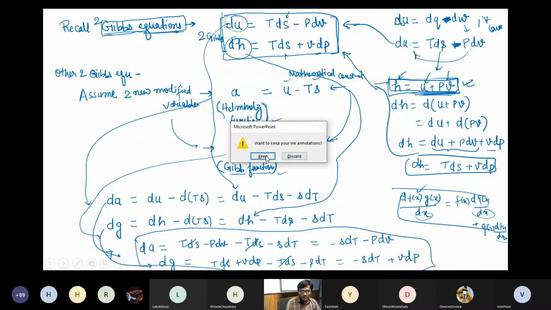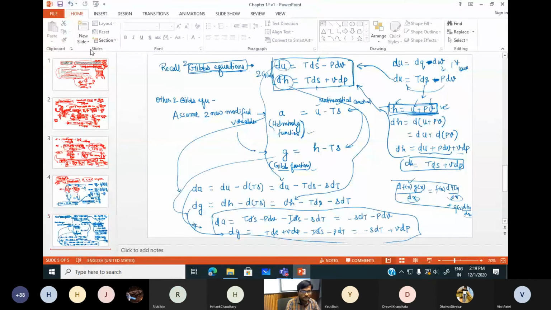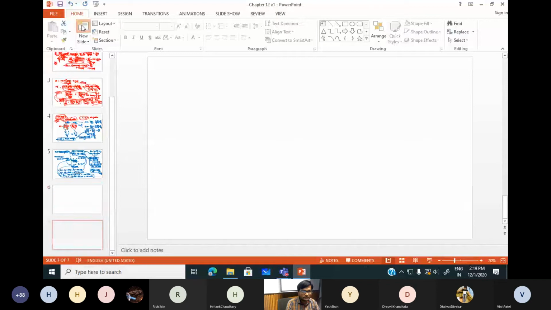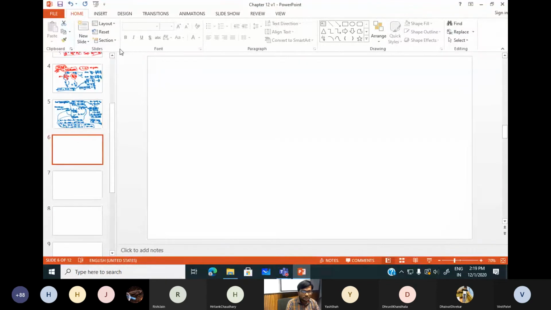So let me write all 4. dU was TdS minus PdV, dH is equal to TdS plus VdP. So why am I doing this exercise?